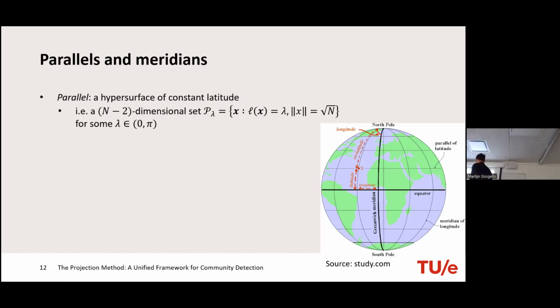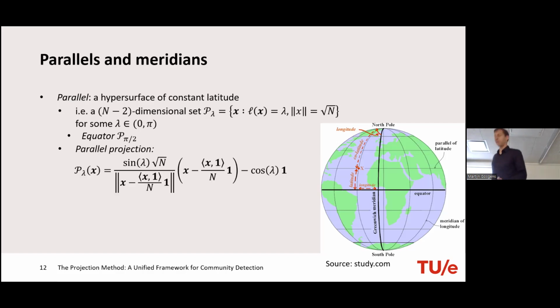Here it is a one-dimensional line on the map, but in our case it's n choose 2 minus 2 dimensional, so high dimensionality makes things a bit more difficult. Indeed we have the equator, which is the parallel with latitude pi/2, and most of the clusterings are below this equator.